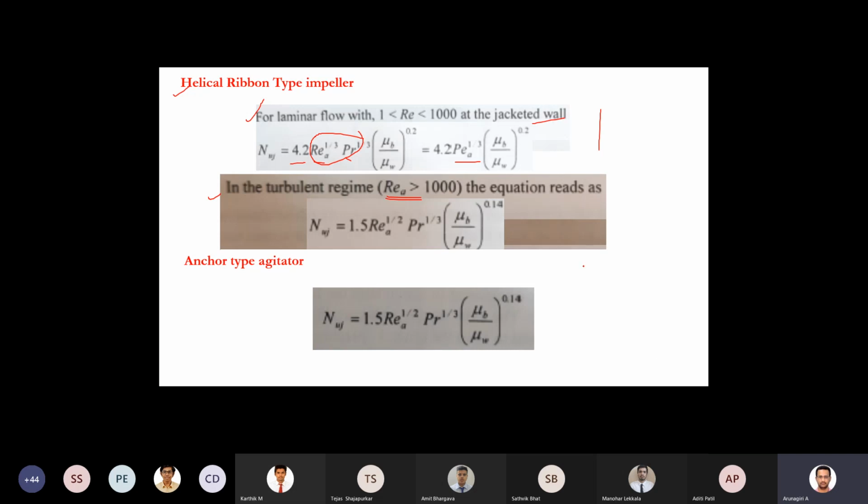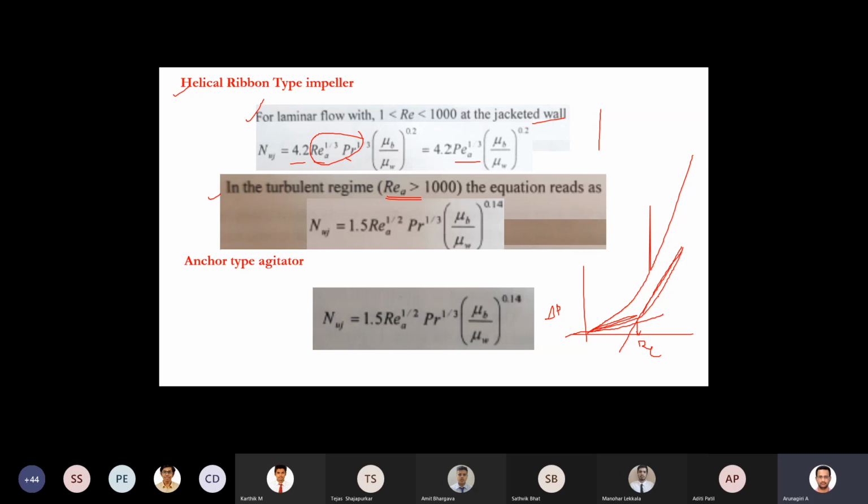Whenever you plot Reynolds number versus delta P, what will happen? You will not get a single linear equation. You will get these types of curves, so you have to linearize the portions. Then these will give the transition point. Up to this point it follows one linearity, after this it follows some other linearity.